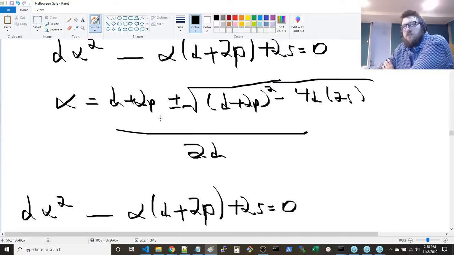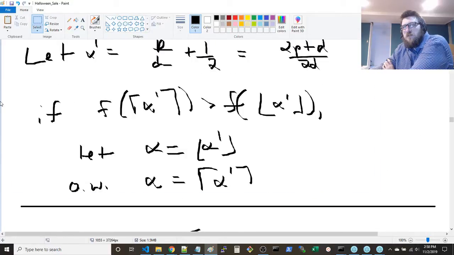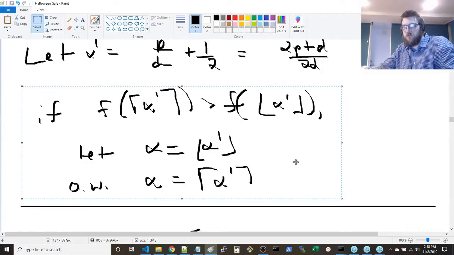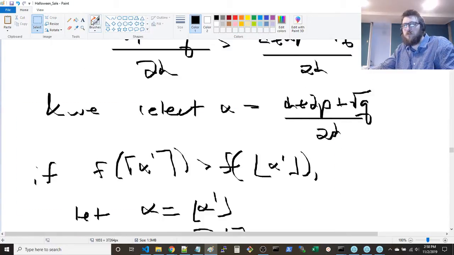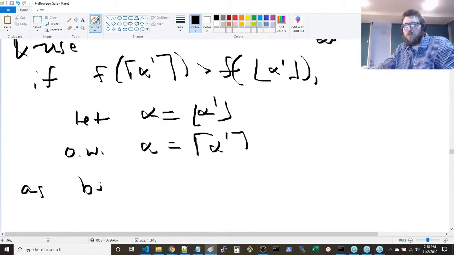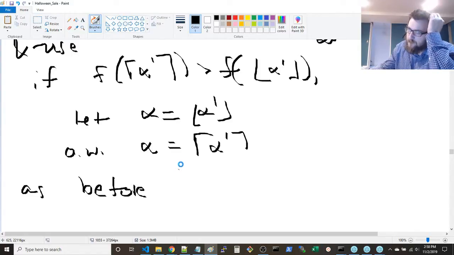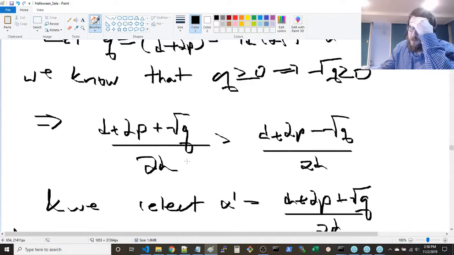Then use it as before. Alright, so we do the same thing that we did last time, except this time around we use a different value for alpha prime. So it depends on what we get for this.